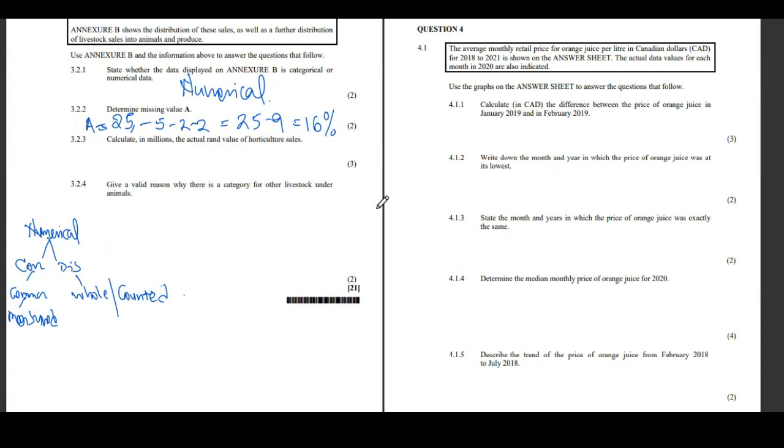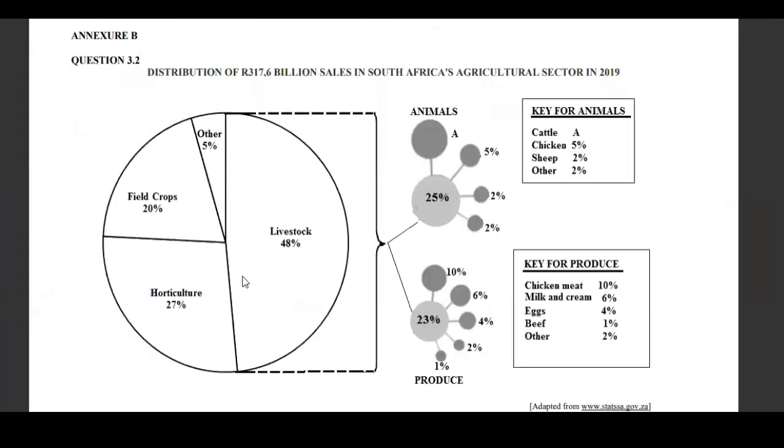So take note: South Africa agriculture sector sales in 2019 amounted to this figure. Here I'll show the distribution. Check on the annexure.